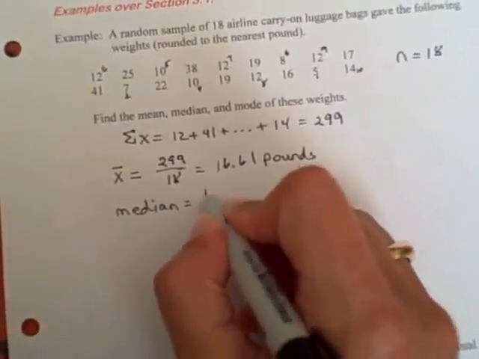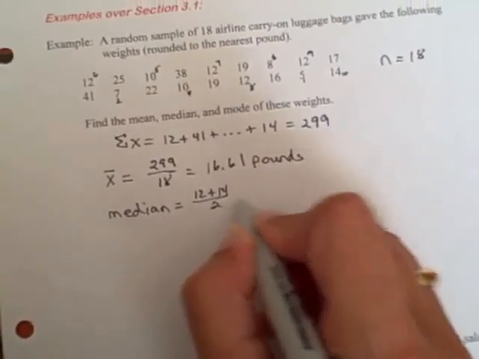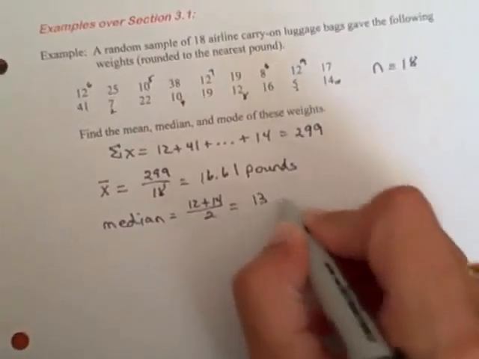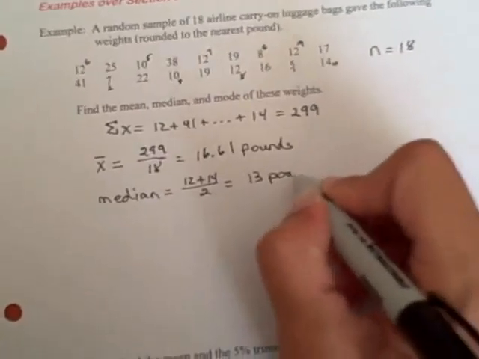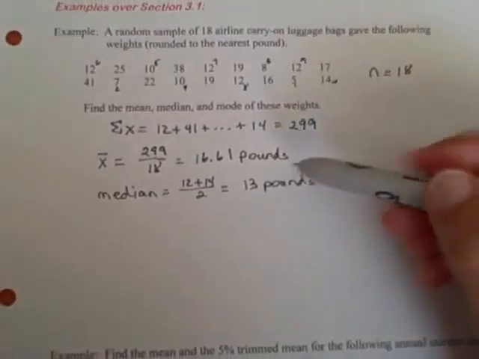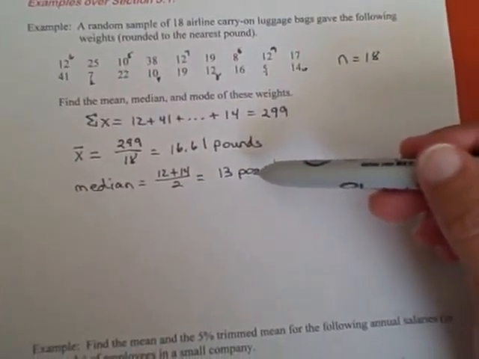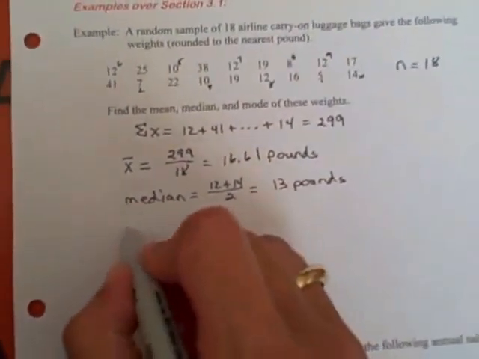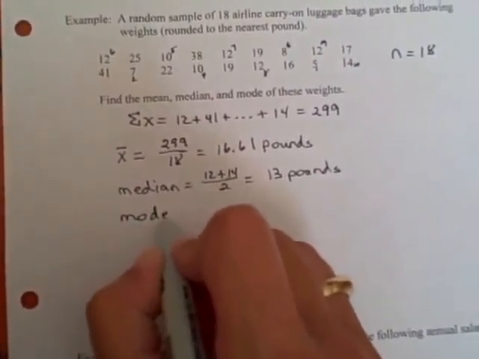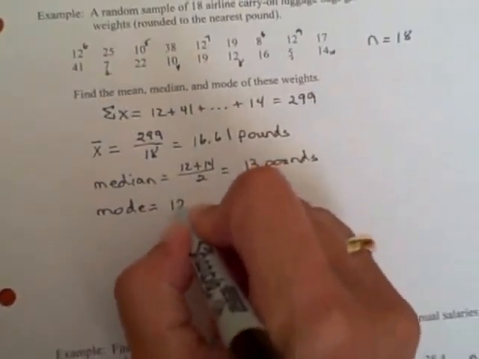But technically, that would be 12 plus 14 divided by 2 is 13 pounds. Quite a bit of difference there, okay? You notice the sample mean is over 16 pounds. The median's 13 pounds. Let's see the mode. I think 12 is the data value that occurs the most, so 12 pounds.